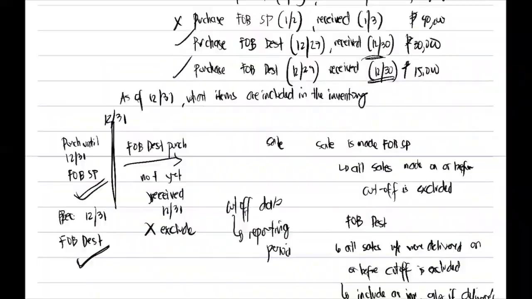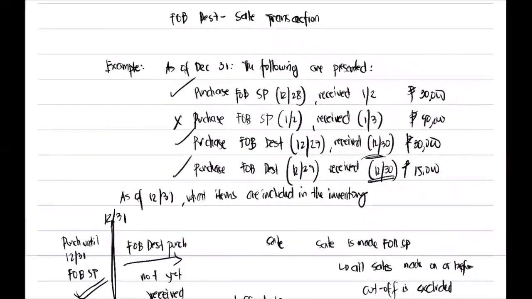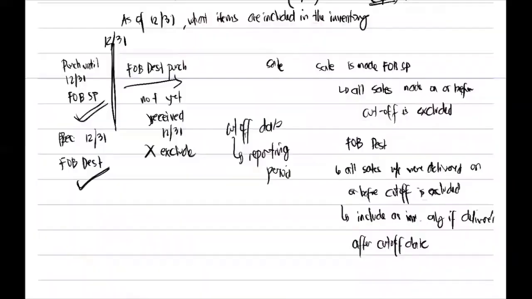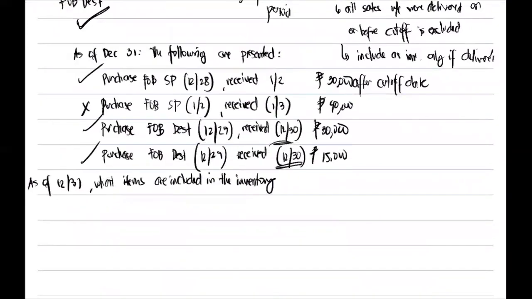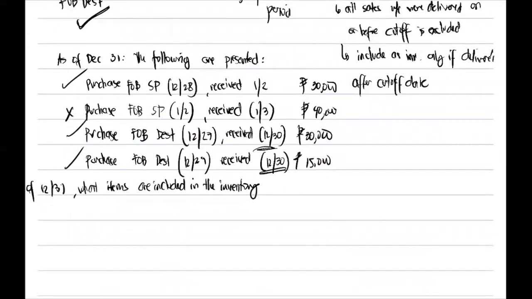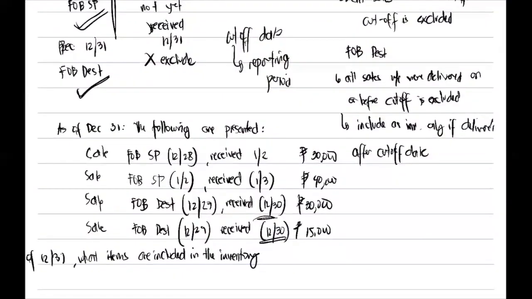Okay, so let's try to have an example for your sales, which is copy this one. We just copy it, remove the purchase and change it into sale. Okay, so as of December 31, what items are included in inventory? So we go back to our rule.